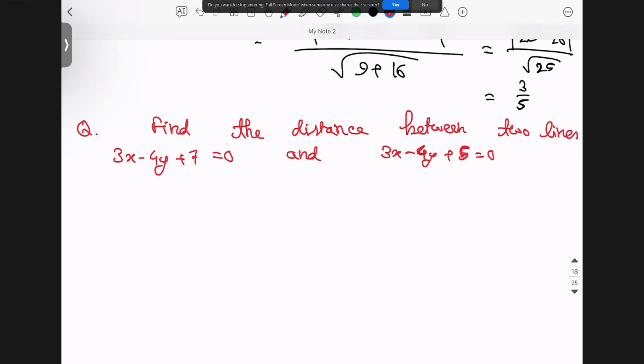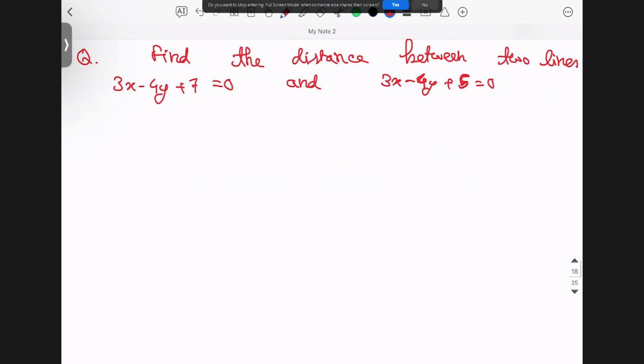Okay, so we have been given two equations of two straight lines. Now what we need to find is the distance between these two straight lines.